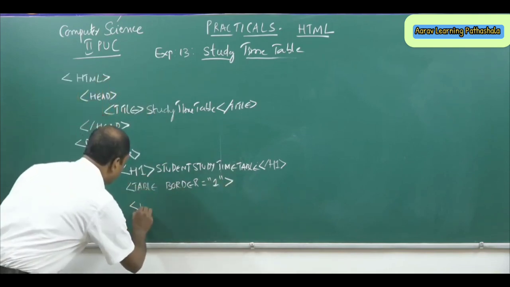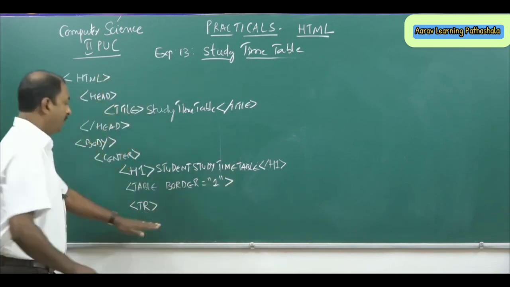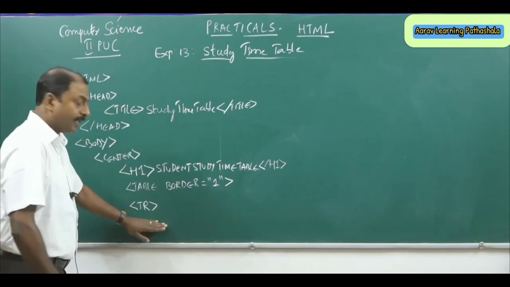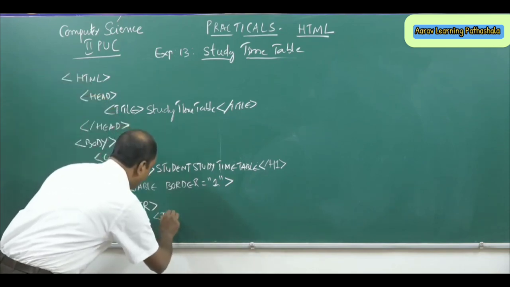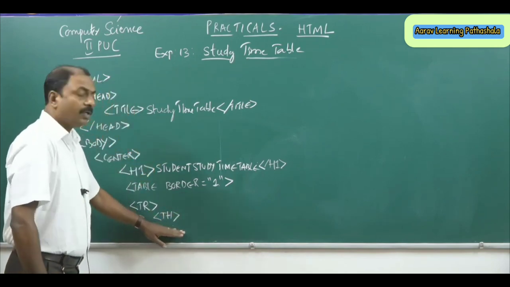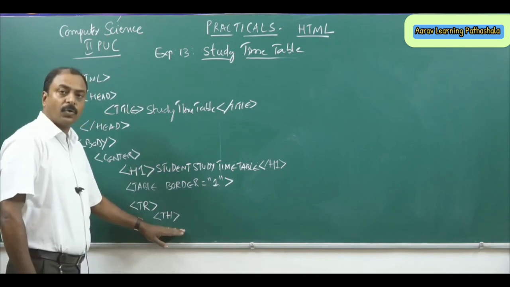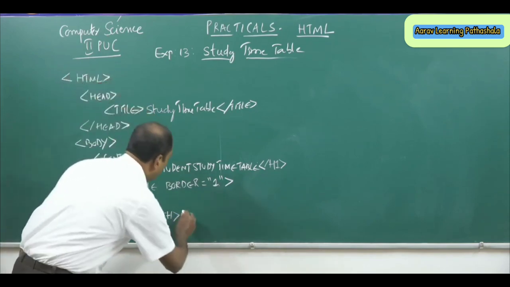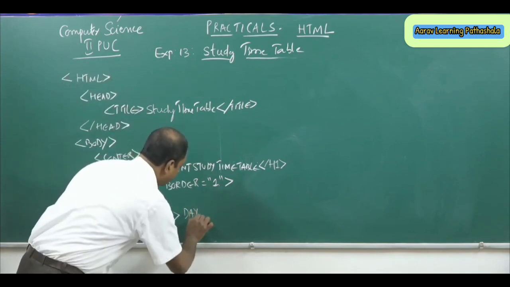We start with the table row. Under the table row, the first line would be the heading, so I will make use of the th tag here. The th tag is for heading; the first row will be the heading for the table. Here the first one is days.